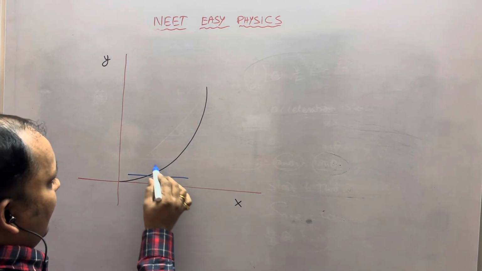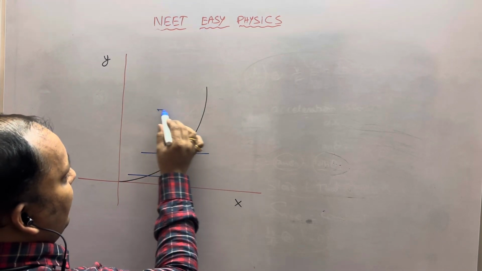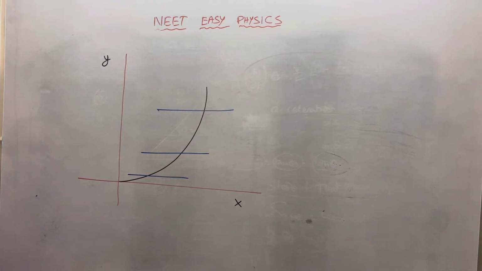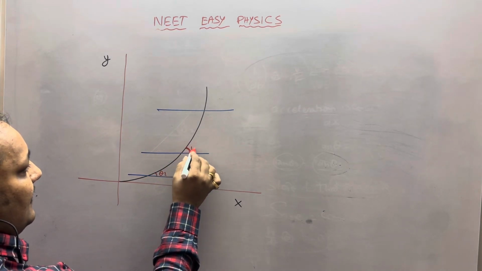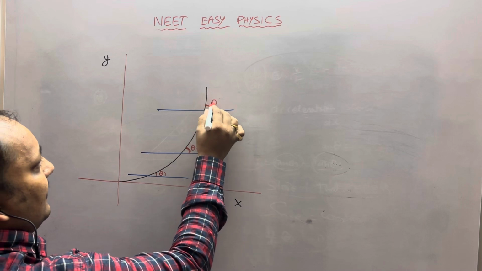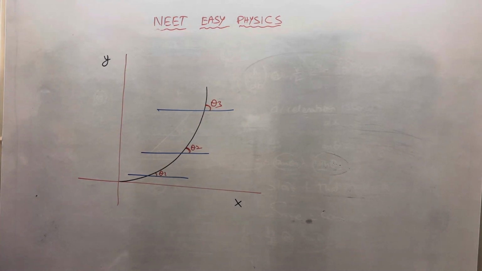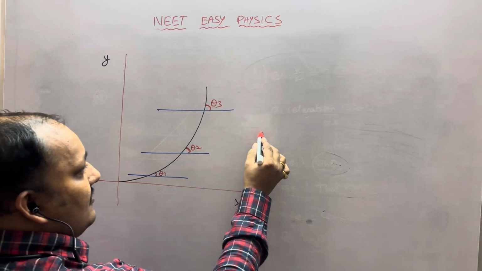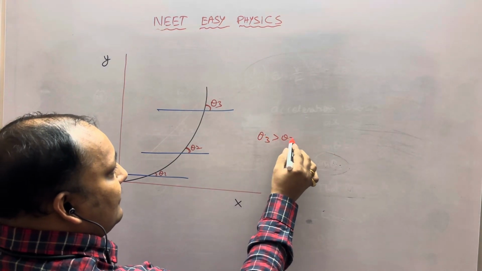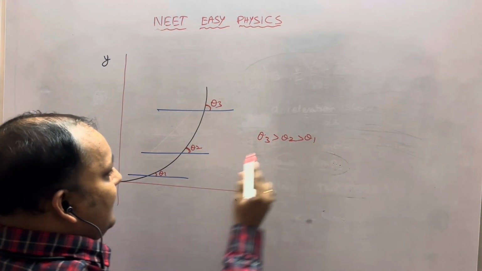We have to draw parallel lines. Whenever we are taking parallel lines, see these angles. Will the angles be increasing or decreasing? So this is theta 1, this is theta 2, theta 3. See the nature. Are these angles increasing or decreasing? So theta 3 is greater than theta 2 is greater than theta 1.